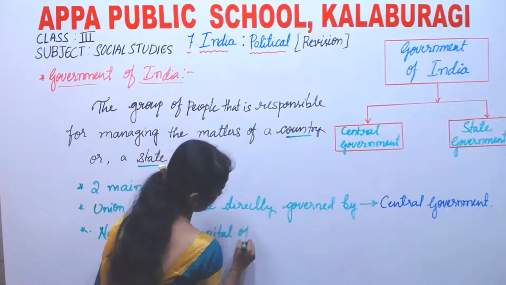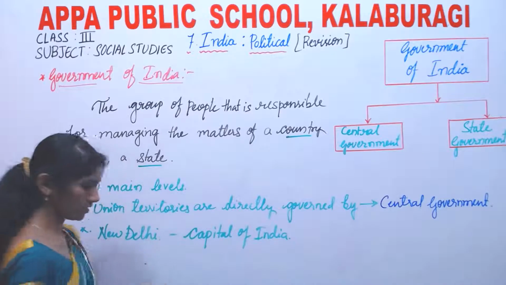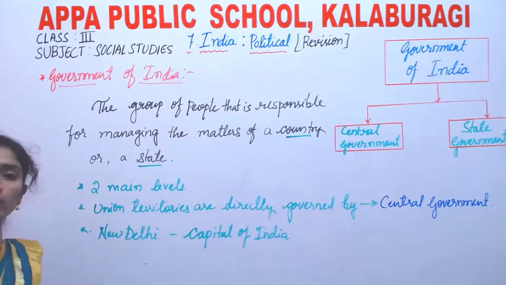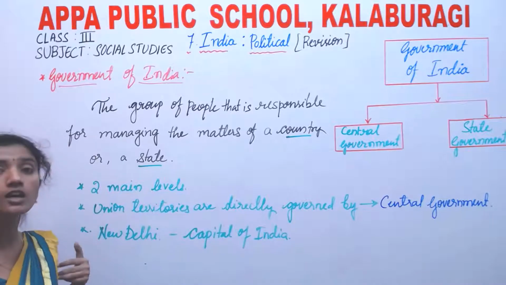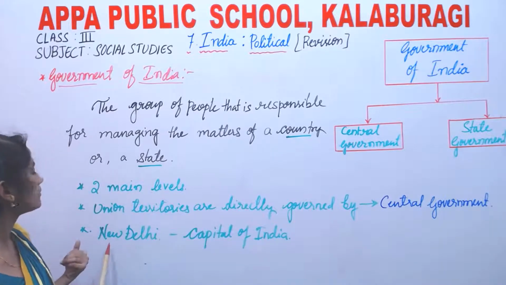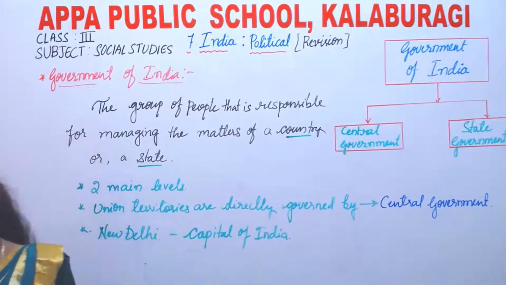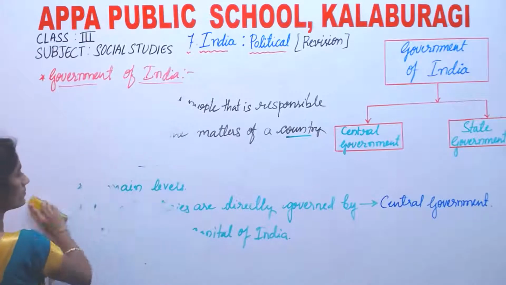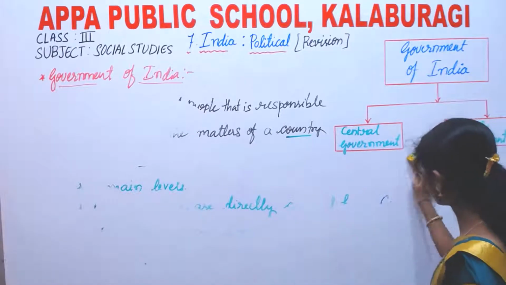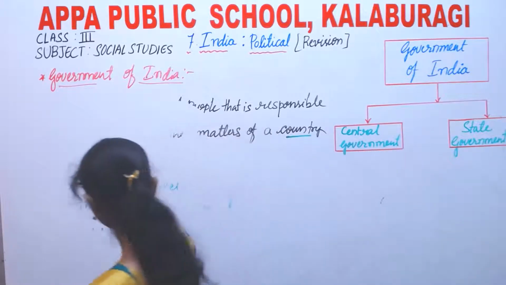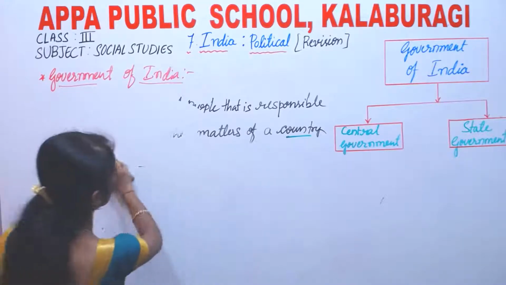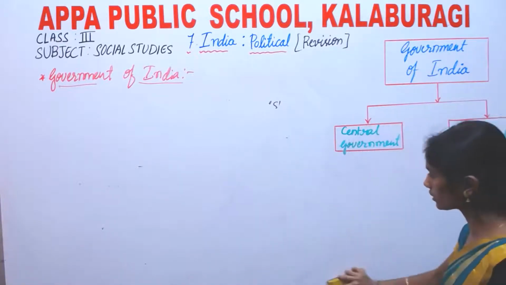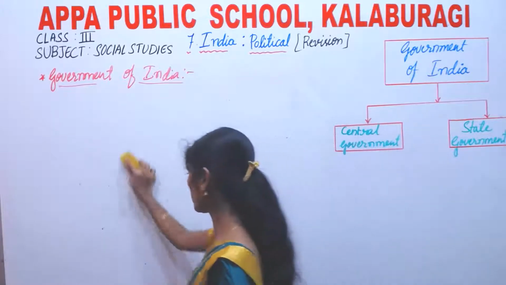Where are all the important government houses located, children? In New Delhi, since it is the capital of India.